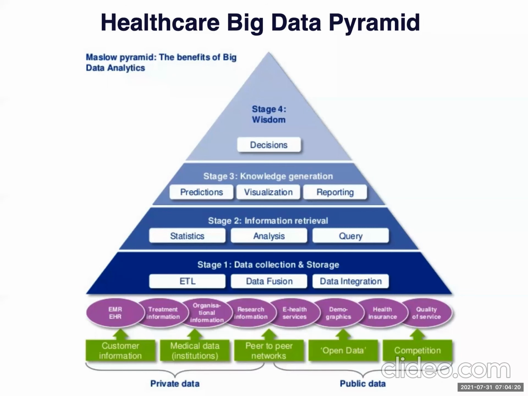And then at stage 3, we have the predictive techniques, visualization techniques, and the reporting techniques for this data. And then at the top of the pyramid, we have what we call decision making.